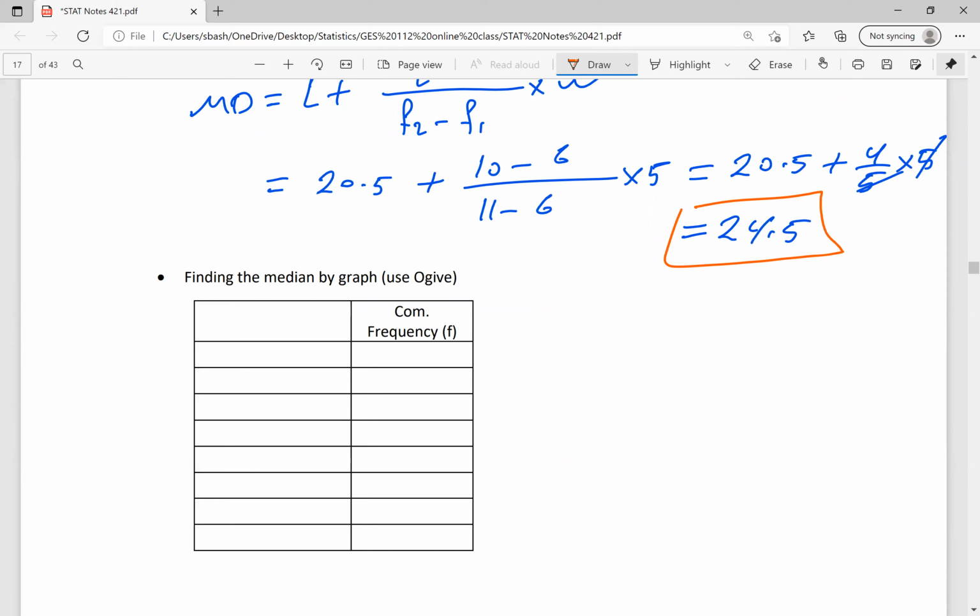As we did, it is less than 5.5, less than 10.5, less than 15.5, less than 20.5. This is the accumulated frequency, less than 25.5, less than 30.5, less than 35.5, and less than 40.5.